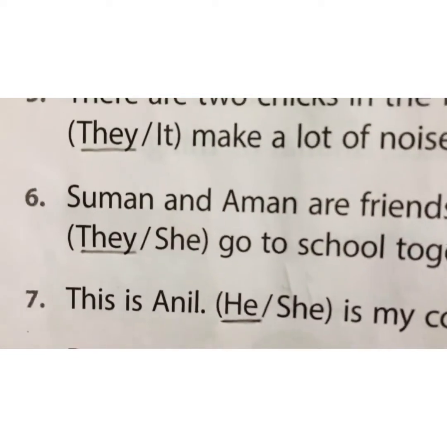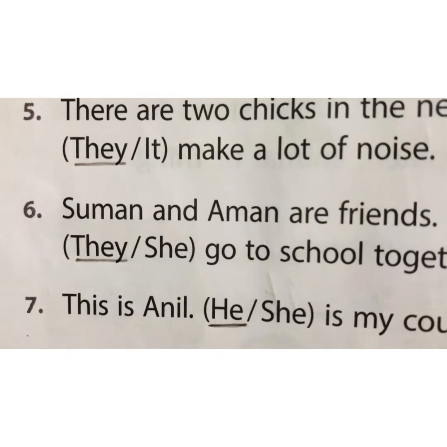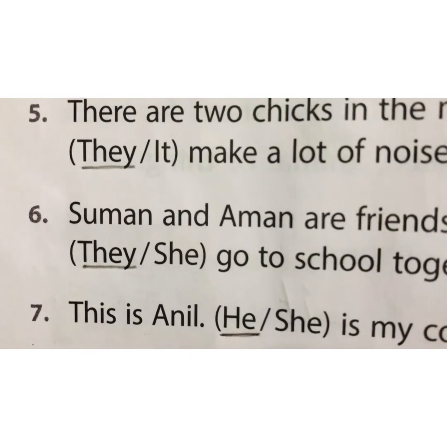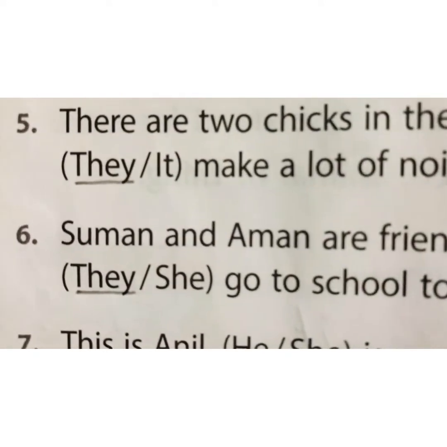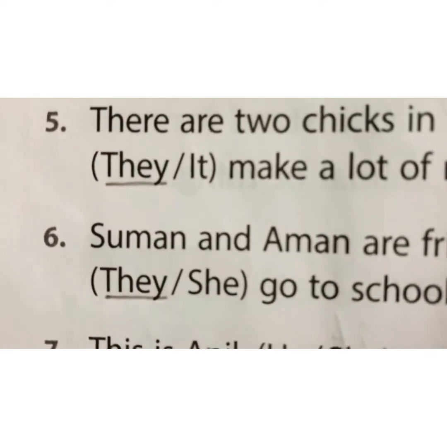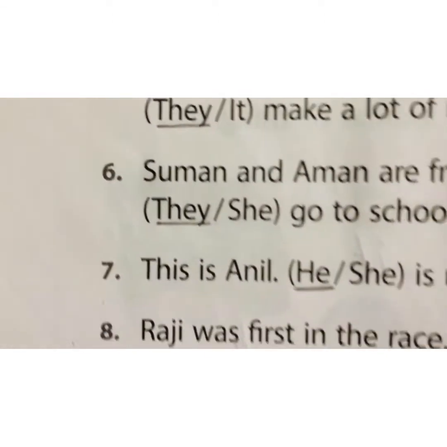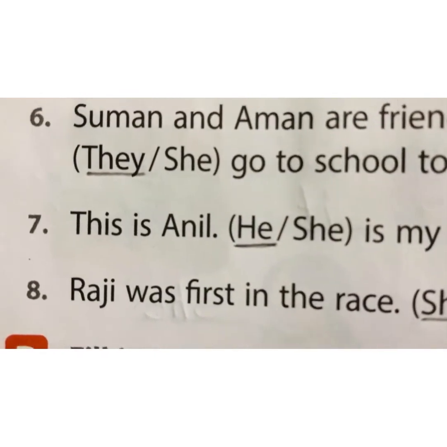Sixth, Suman and Aman are friends. We are talking about 2 persons, that are Suman and Aman. They or she go to school together. They both are boys. So we will use they. Seventh, this is Anil. Anil is a boy.